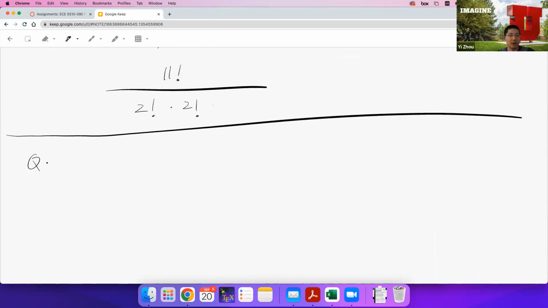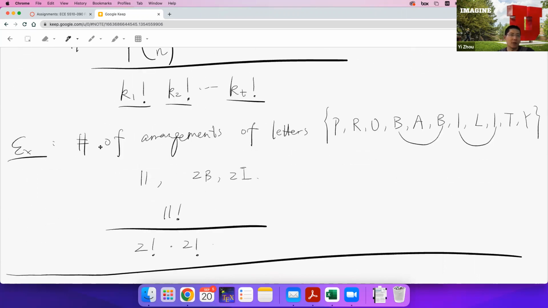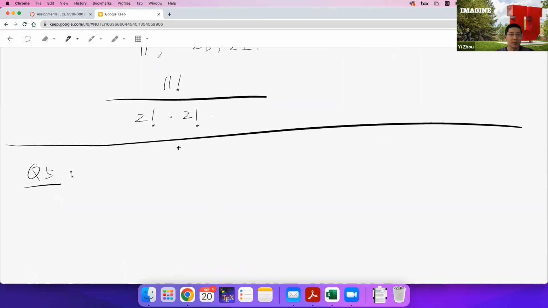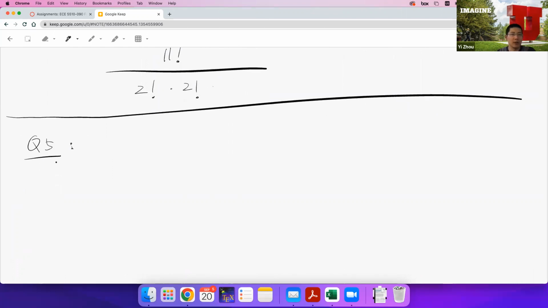Okay, the last one. All these different combinatorial problems are actually very common, right? If you look at each problem, it looks like a very reasonable problem in daily life. And the last one is, again, another very interesting combinatorial problem.